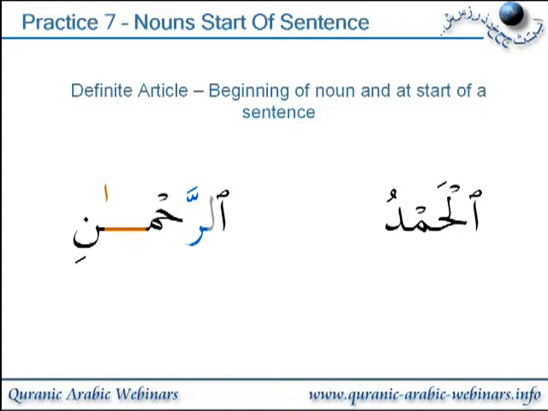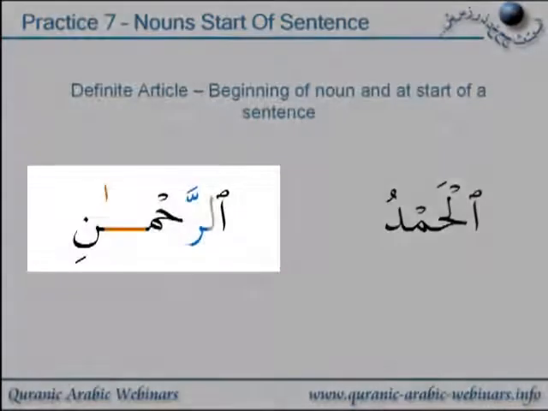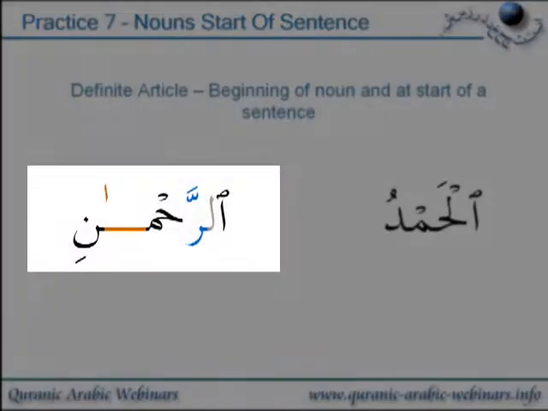Practice 7 is nouns at the start of a sentence, i.e. they begin with the definite article al, i.e. the Hamzatul Wasl and the lam, but there is no preceding sound, and again this is with the sun and moon letters. Alhamdu, Ar-Rahman.